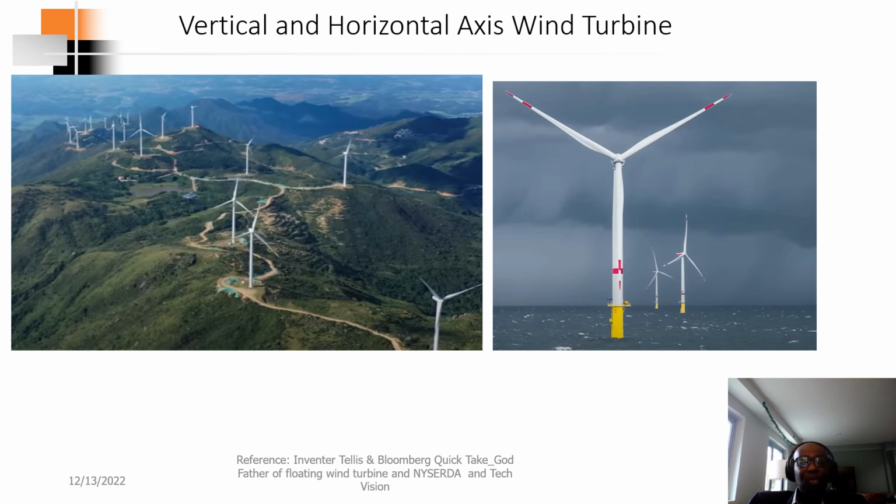Next is a horizontal axis wind turbine, this is an onshore wind turbine, and this is an offshore wind turbine. Like I mentioned, these are horizontal axis wind turbines.